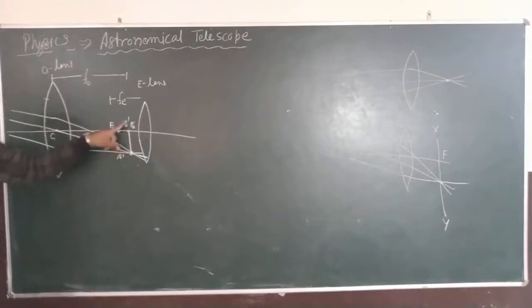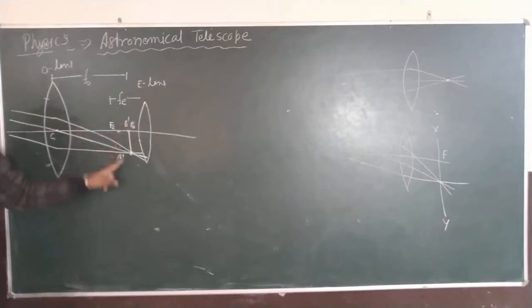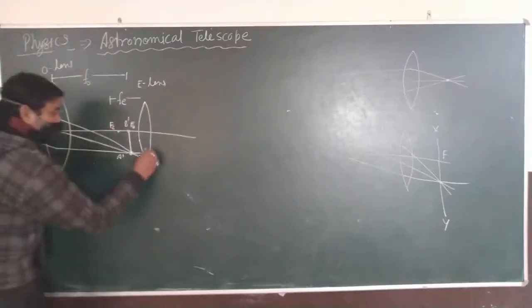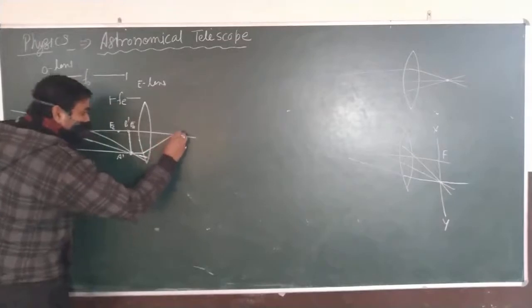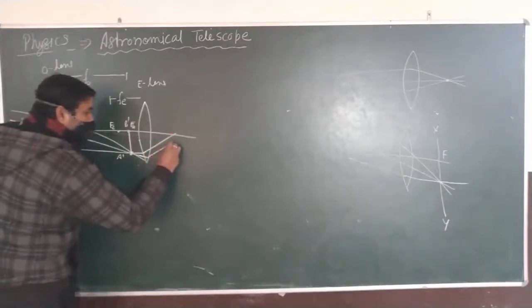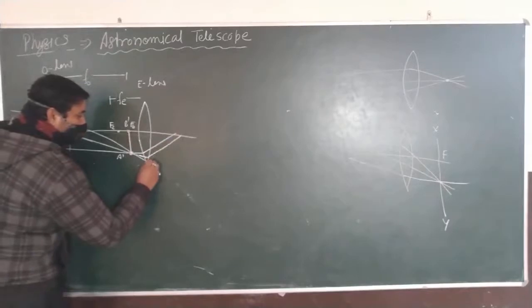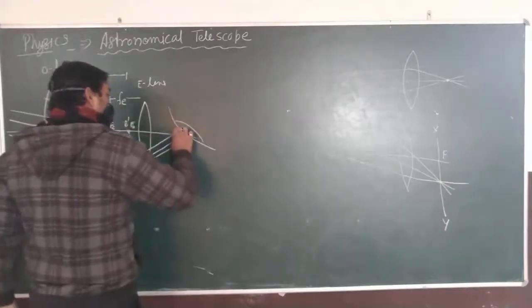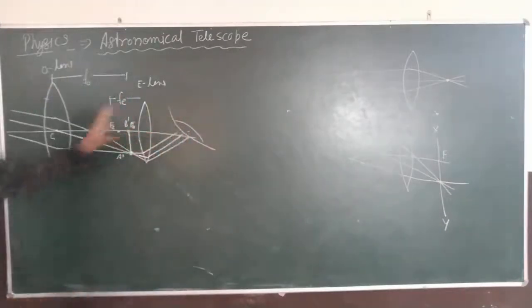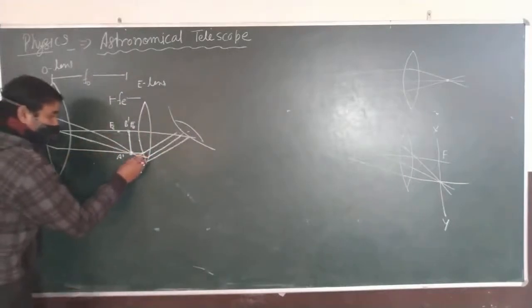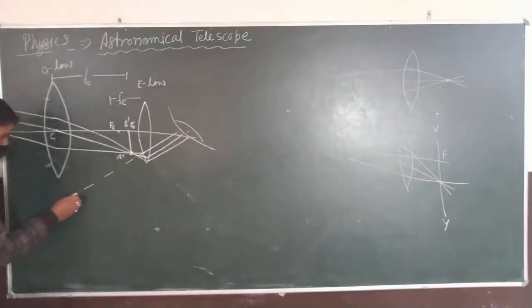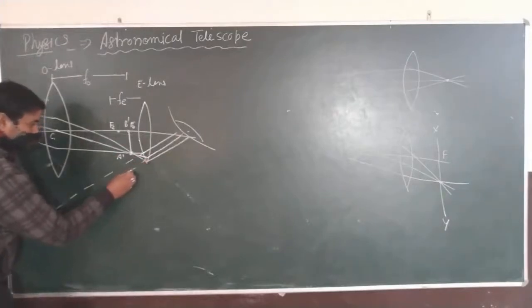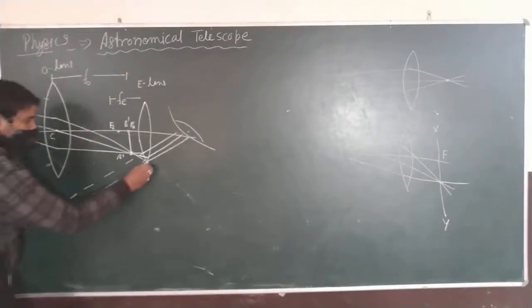Then the image formed by this eye lens of the object A dash B dash is, let's see, after refraction the rays are moving in such a way that they are all parallel to each other, and an observer observing these rays sees all the rays parallel to each other.